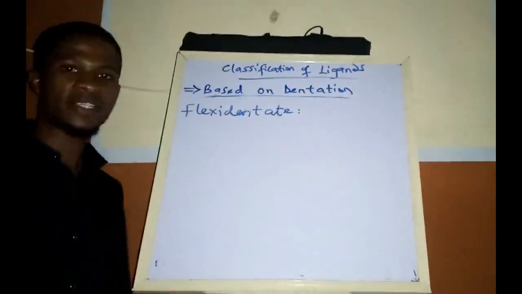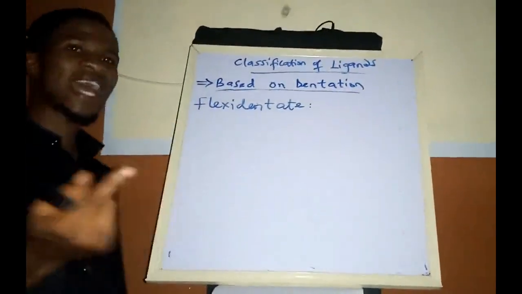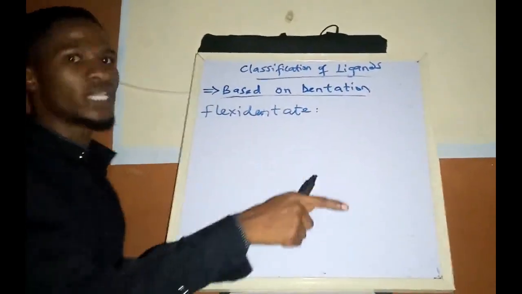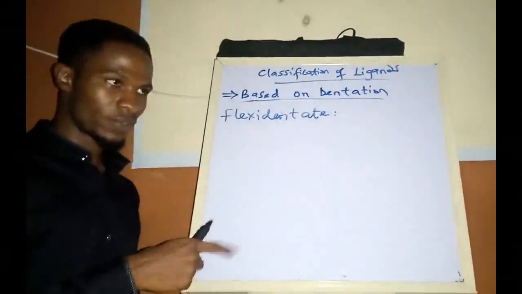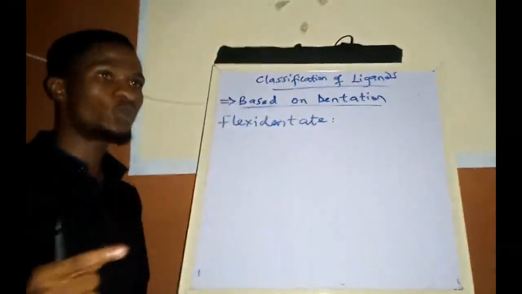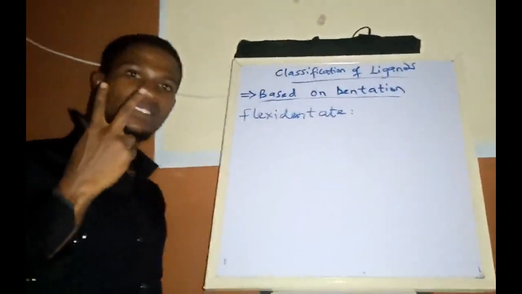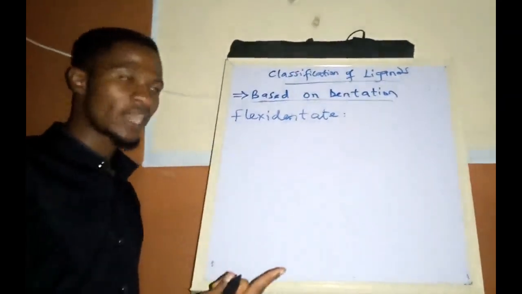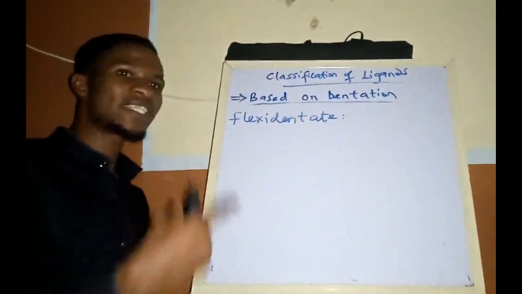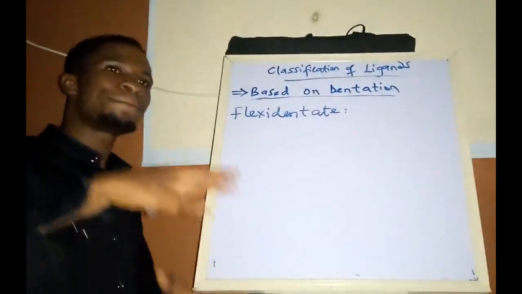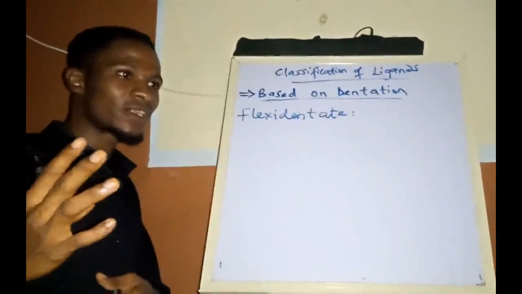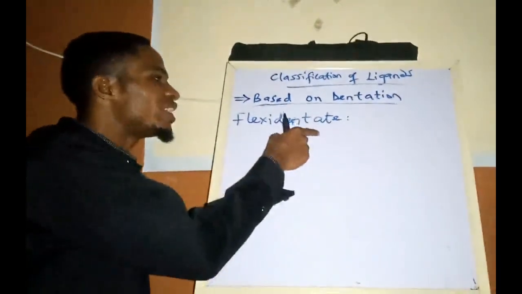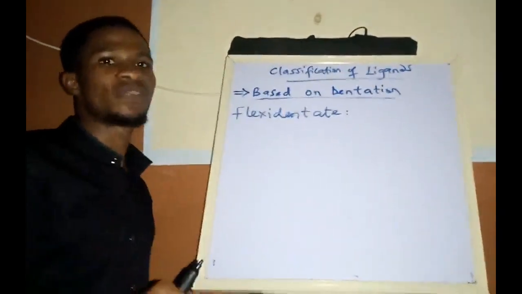For flexidentates, flexidentates are just like ambidentates, but they are polydentate ligands. How? You would remember that ambidentate has two donor sides but can only donate one pair of electrons. Flexidentates are polydentate ligands that can donate one or two or three, but they don't donate all they have as a donor group.